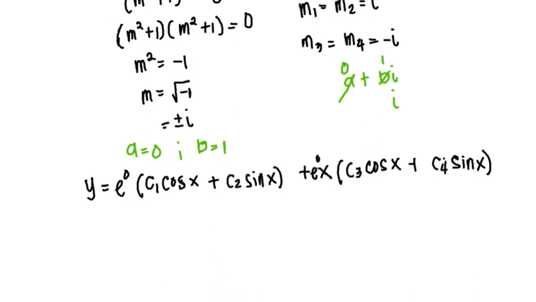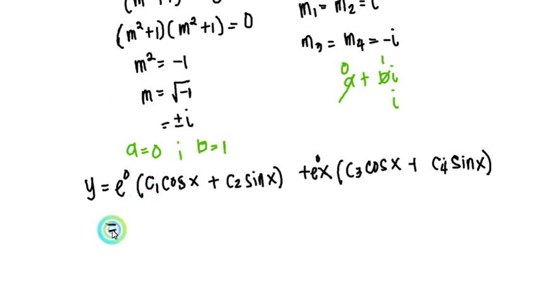Okay, pwede naton nga i-simplify ang aton nga equation. Pwede nga madula na siya. So, y is equal to, madula lang ni, kay 1 lang man ni siya.